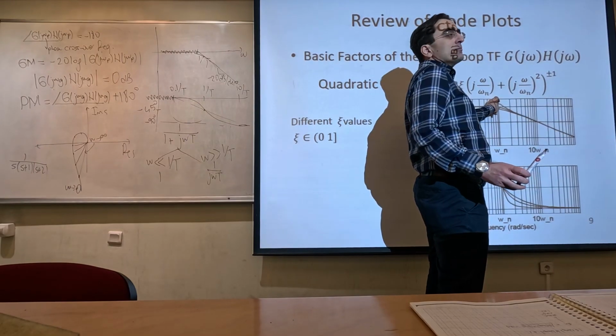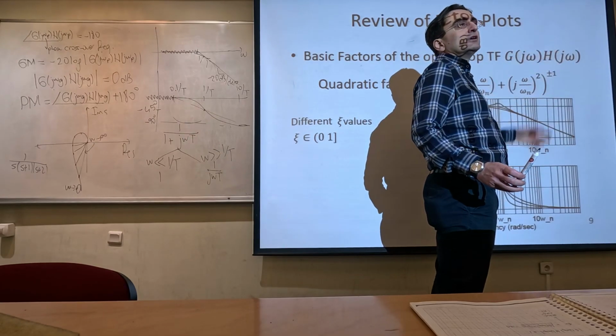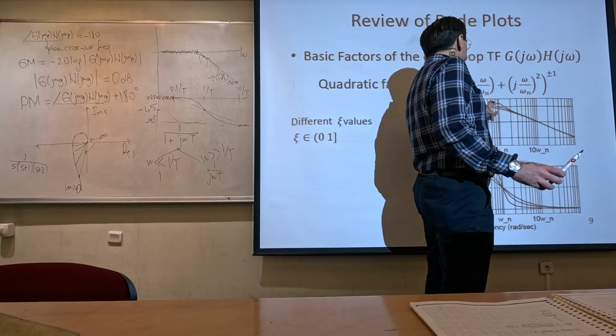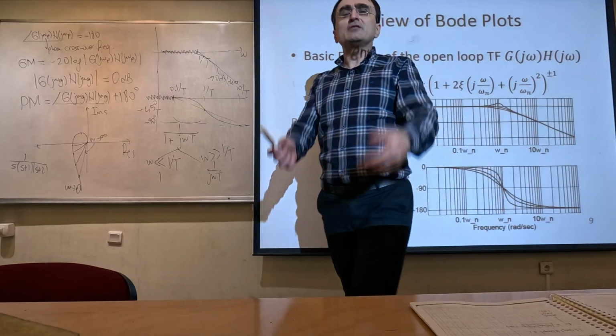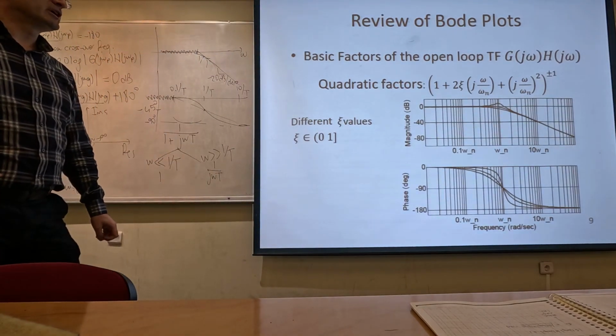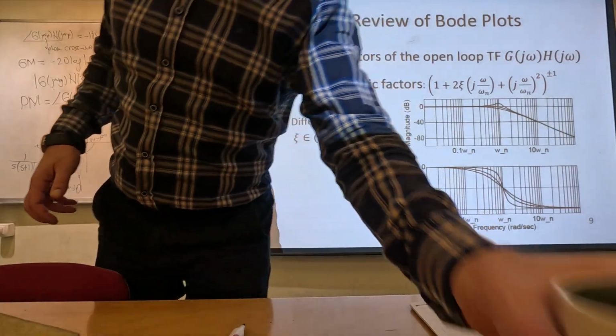And this peak magnitude might be proportional to 1 over psi, 1 over the damping ratio. But as long as you are not given the exact Bode plot, you are free to ignore that type of peaks in your asymptotic plots.